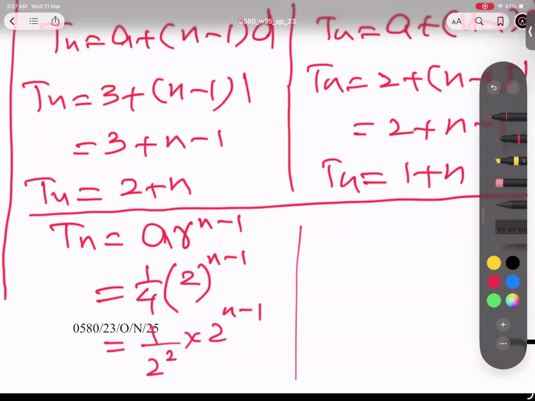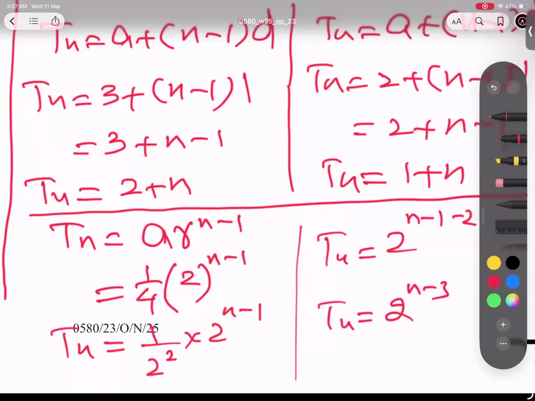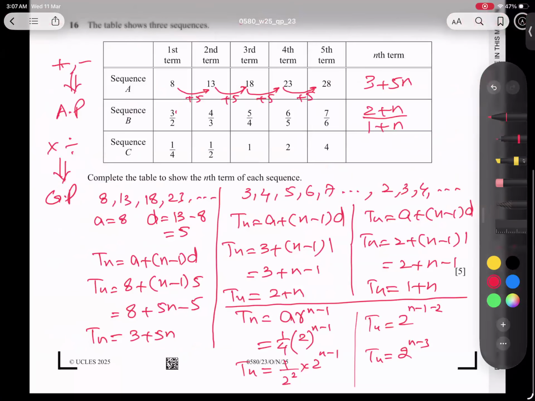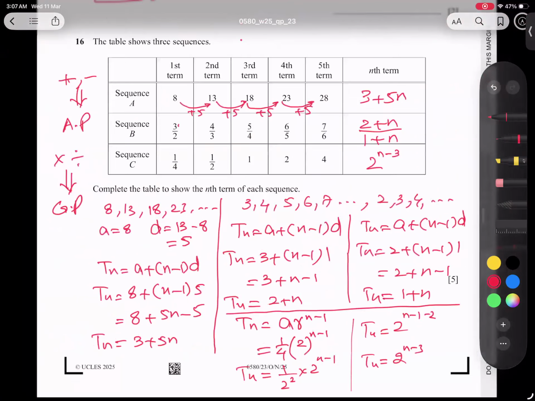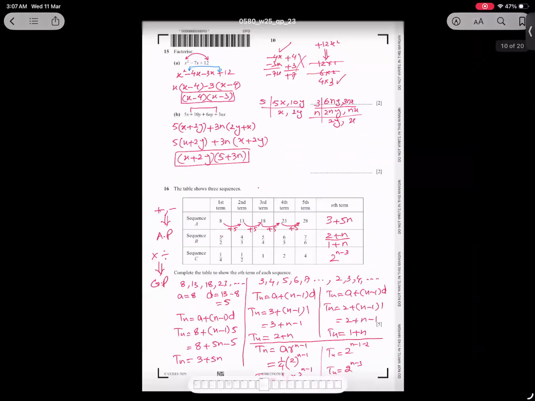So Tn is equal to 2 to the power of upper power n minus 1, and lower power 2. I think this is a better approach, and it gives 2 to the power n minus 3. I hope the point is very clear and the question is completely over.